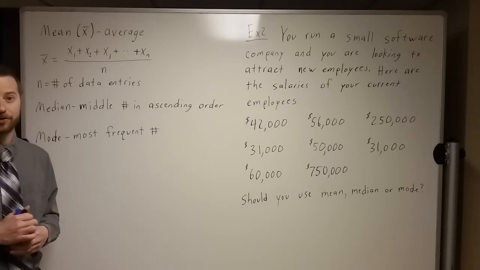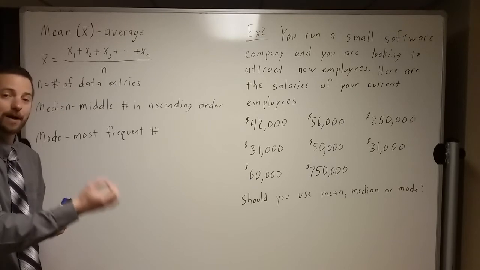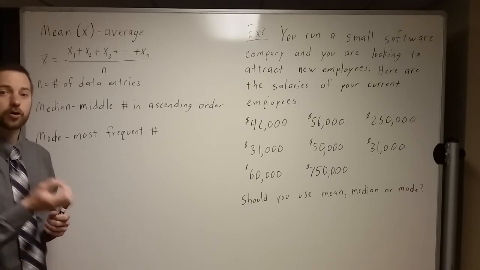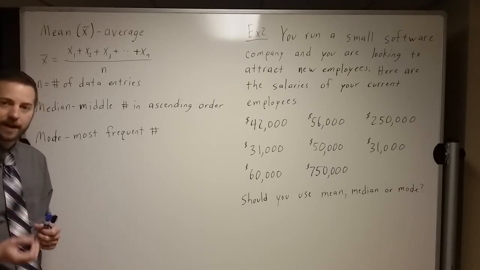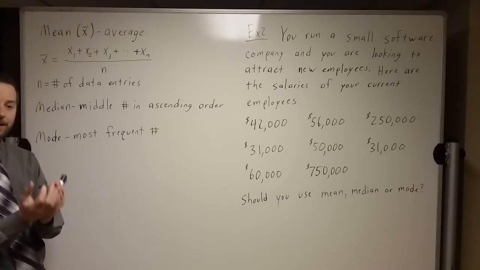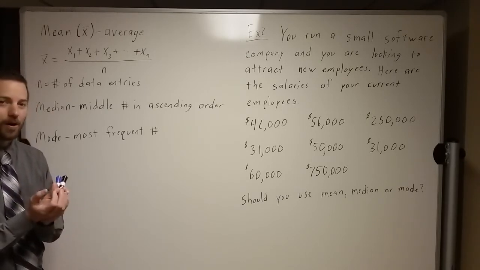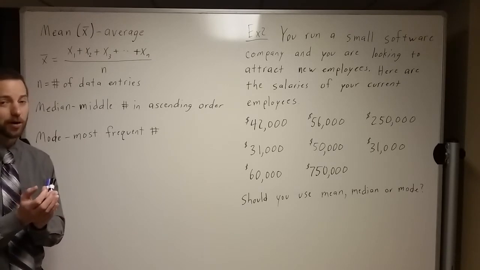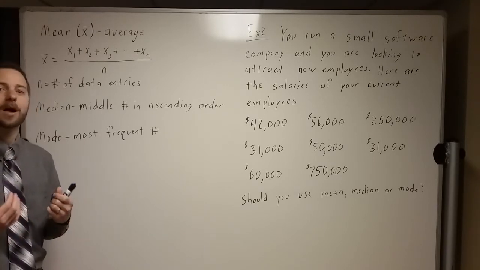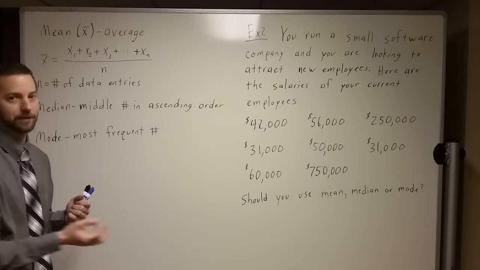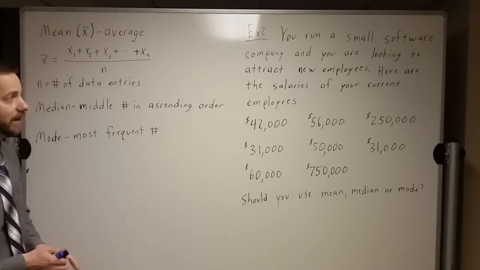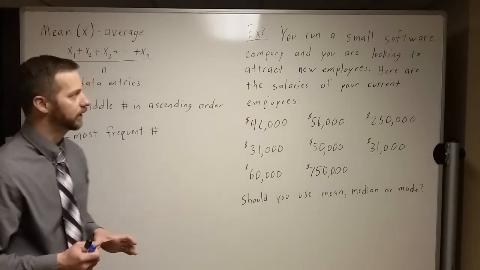That's what I want you to get out of this unit: to be good consumers of data. When you see data, look at it in detail and ask, is this accurate reporting, or are they doing some things that are maybe true according to the numbers, but not really representative of what's happening here? So I want to give an example where we talk about that a little bit.